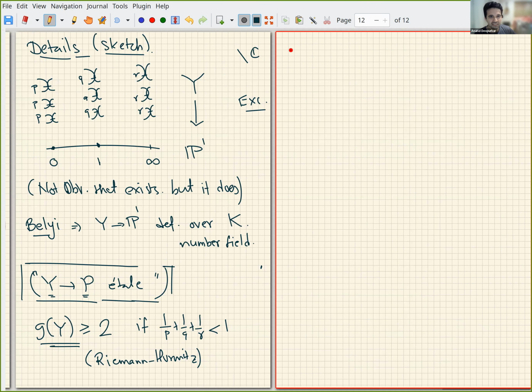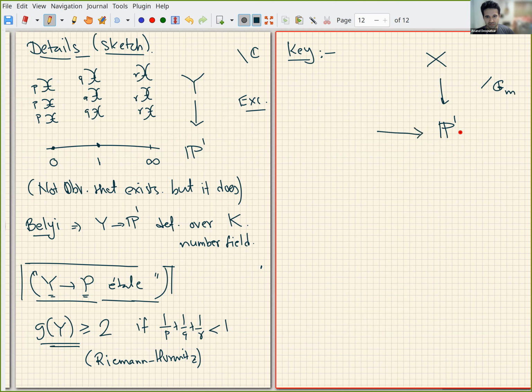And the key proposition is, so here, this is what's happening. You have X mapping to P1, and this is just the quotient by G_m map. This is the bad quotient, ignoring the orbifoldness.